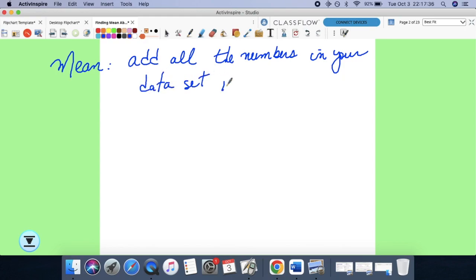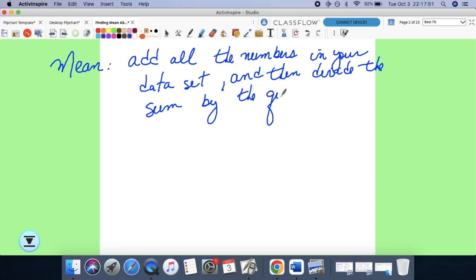Right? And then divide the sum by the quantity of numbers added.